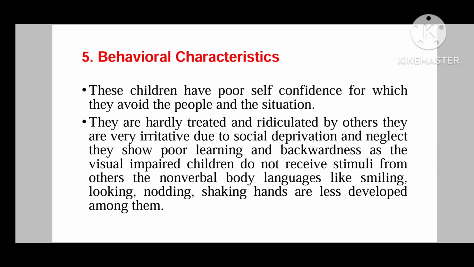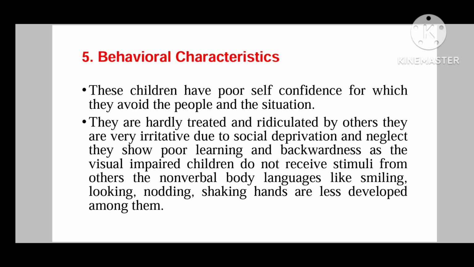As visually impaired children do not receive stimuli from others, the nonverbal body language like smiling, looking, nodding, shaking hands is less developed among them. So these kinds of children behave in different ways. Their self-confidence is very low and they cannot mingle with people.